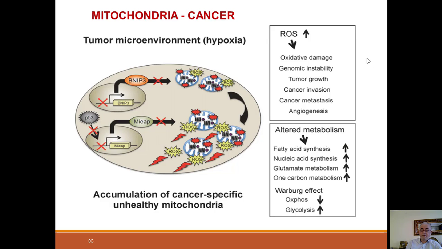Also, cancer cells alter their metabolism: fatty acid synthesis, nucleic acid synthesis, glutamate metabolism and 1-carbon metabolism increase. These metabolic processes must be increased in cancer cells, especially nucleic acid synthesis, because cancer cells need a huge amount of nucleotides and nucleic acid, and accumulation of free radicals, oxygen-based radicals in mitochondria can be responsible for cancer initiation and progression and metastasis.